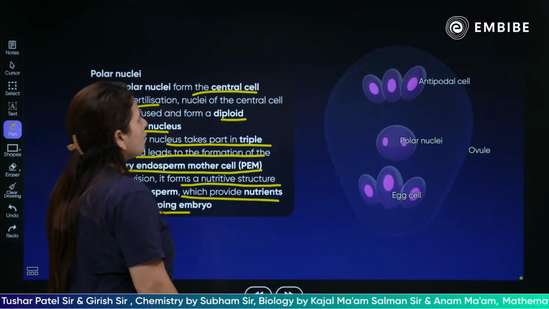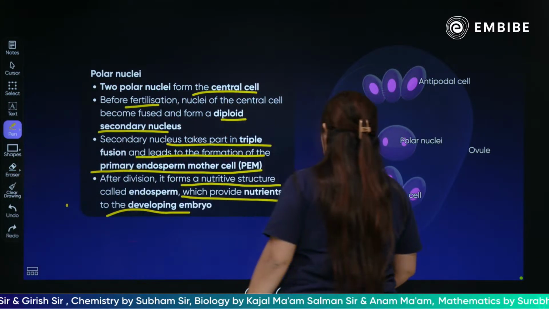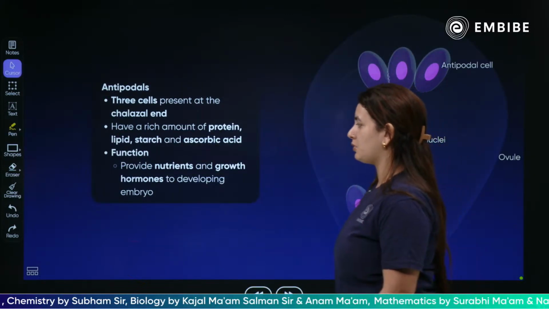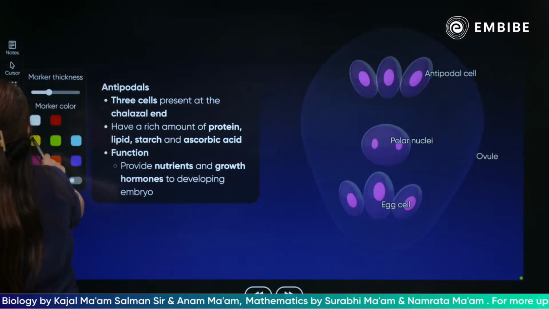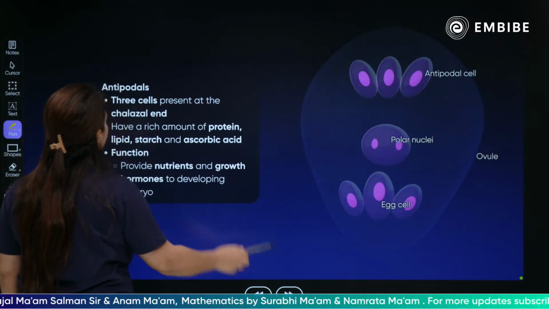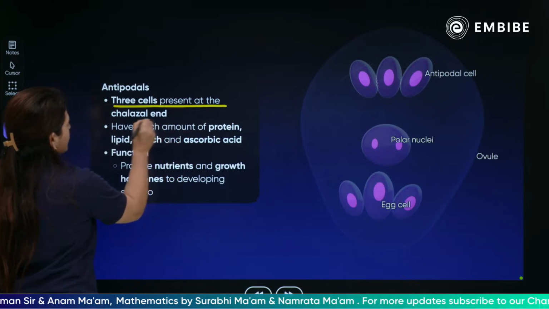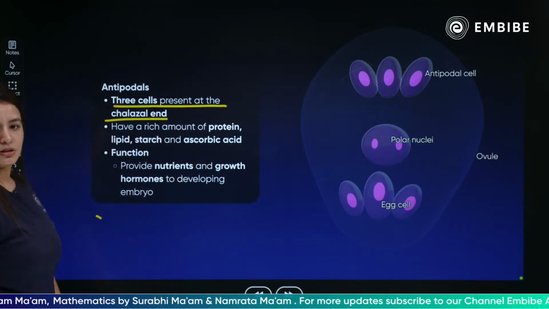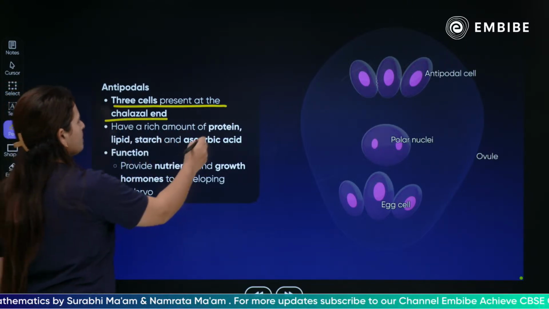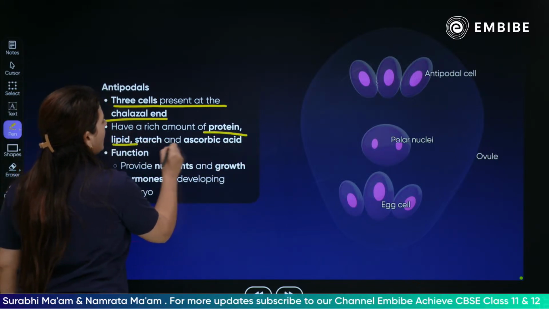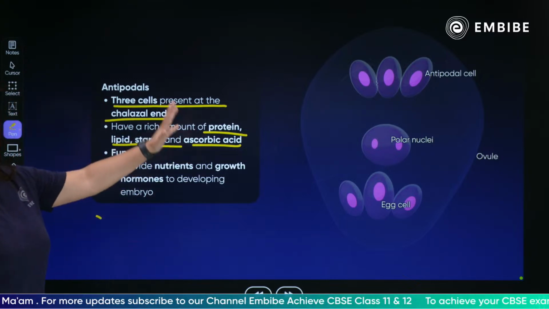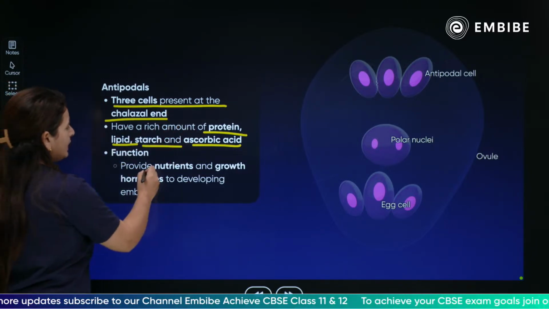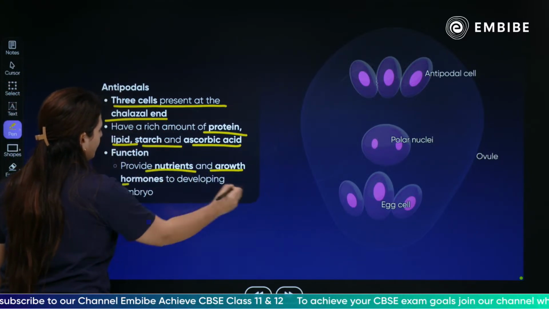Moving forward, children, next we have antipodal cells. What is the function of antipodal cells? As you know, the 3 cells present at the chalazial end are called the antipodal cells, and they are rich in protein, lipid, starch and ascorbic acid. Their function is to provide nourishment for the growth of the developing embryo.